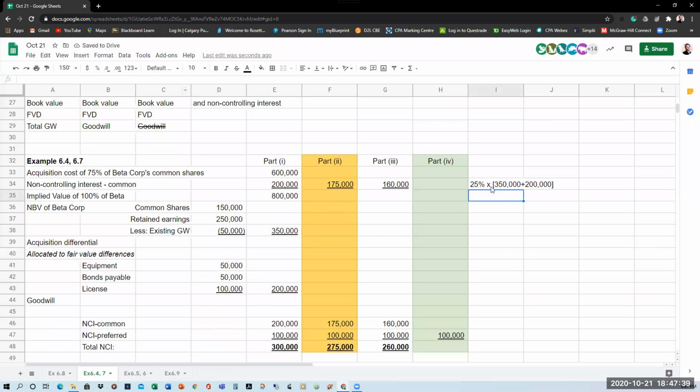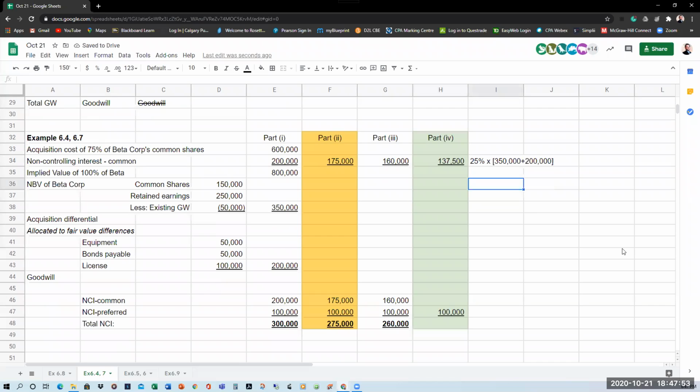So I just showed the explanation here. The actual calculation works out to 25% of the 350,000 plus the 200,000, for 137,500. Under the INA method, non-controlling interest will be 137,500.